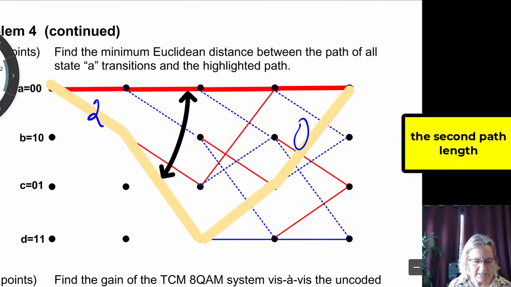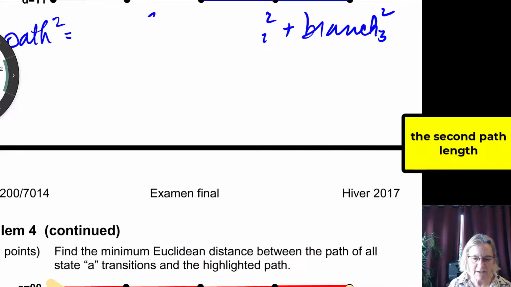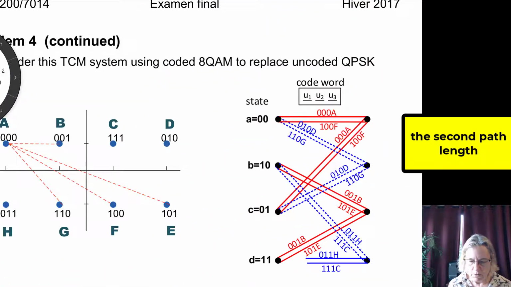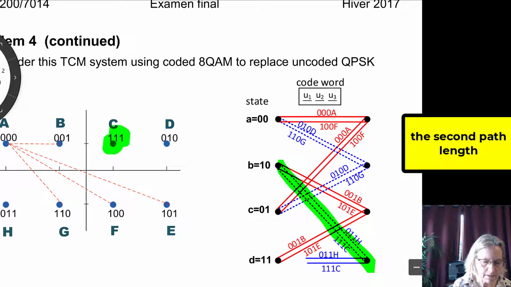But this B to D and the D to C I haven't examined before. So the B to D we haven't done, so we'll start with that. B to D involves H and C. So H and C. And of course, we have A and F for our transition for A.